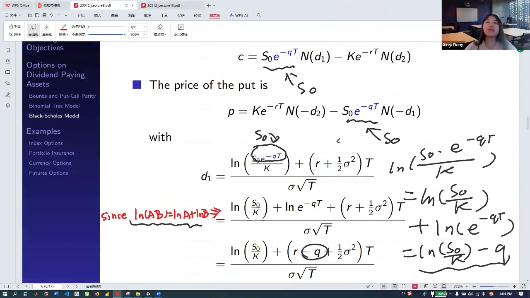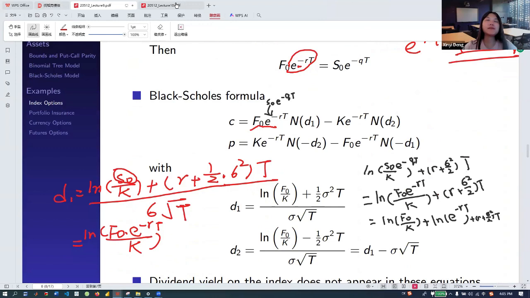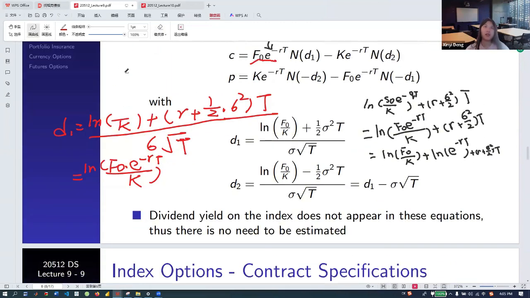Let's just utilize this version here. Now let me go back. So let me change that into S0 times e to the power of minus qT.